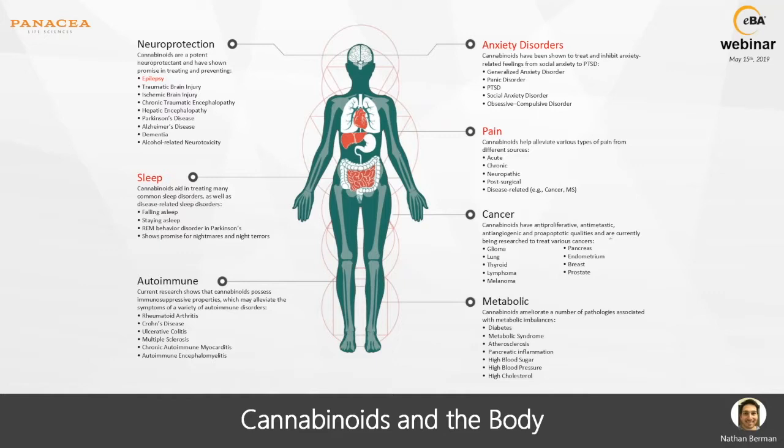So we use the isolate to make soft gels as well. Because it's a more powdery substance, it's not soluble in a soft gel like distillate is, but we have a proprietary process where we take our isolate and reformulate it into an oil soluble formulation, which we can then subsequently use to make soft gels.